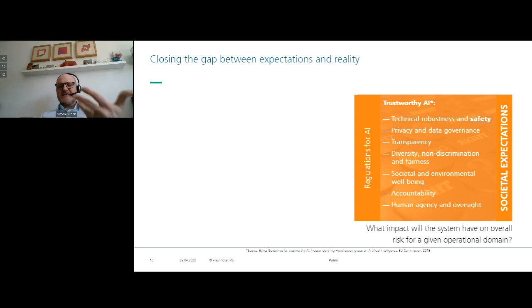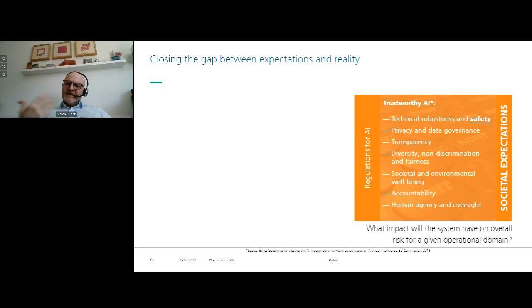And you can see here there's a set of criteria that are defined what it means to be trustworthy as an AI function or a machine learning function. These include some criteria which are fairly, I'd say, technical, such as robustness and safety, but also other criteria which are maybe slightly more esoteric for us engineers, such as diversity, non-discrimination, but also accountability and human agency.